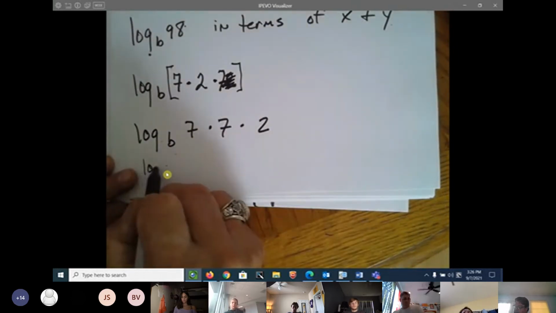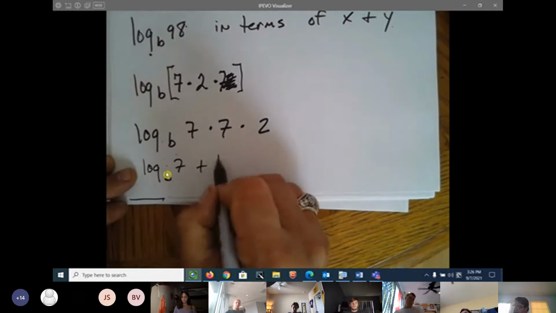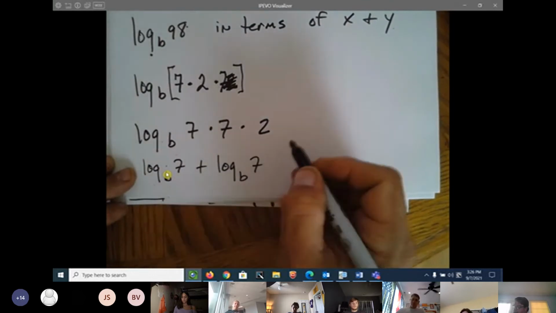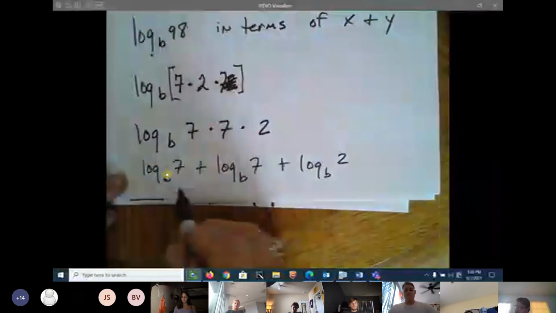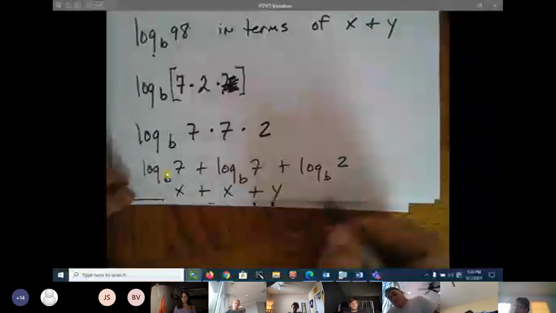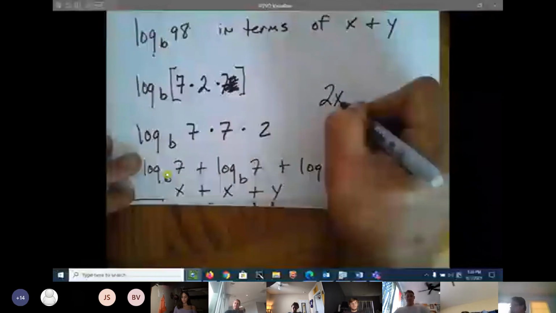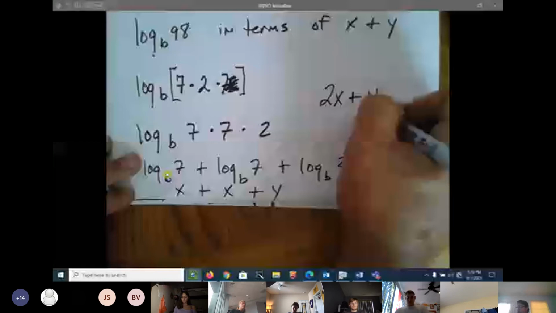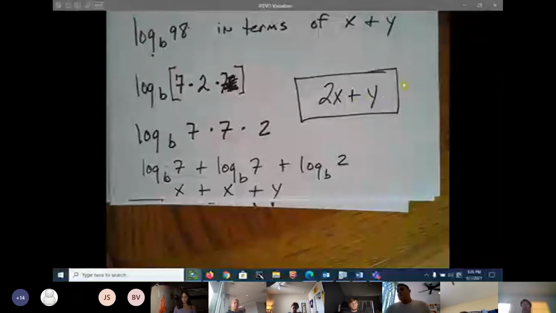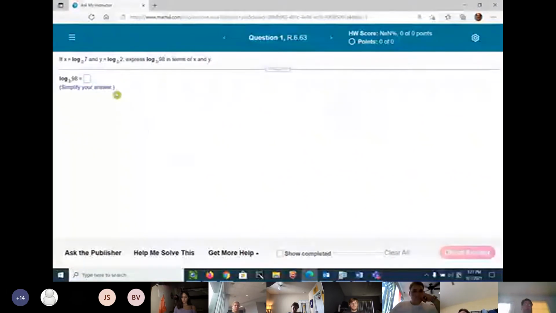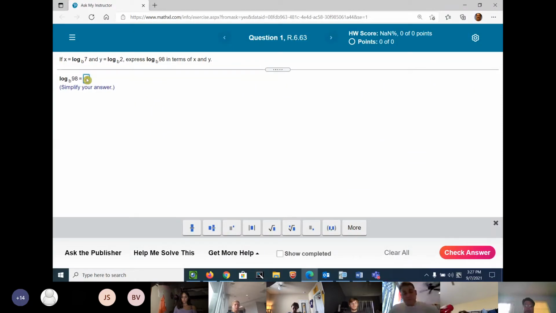So that's log base b of 7 plus log base b of 7 plus log base b of 2. That's going to be x plus y, and that's going to be 2x plus y. So it looks like it's going to be 2x plus y.